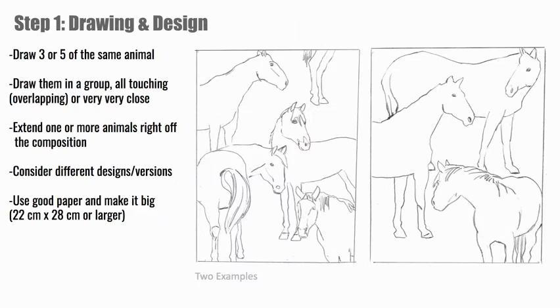Okay, so here's your assignment. Step 1, you're going to pick an animal. I didn't really say that, but maybe that's the true step 1, to pick an animal. And you're going to draw 3 or 5 of the same animal. In order to do that, you have to find reference photos, and they should all be of the same animal, and I mean the same species, or say the same breed.